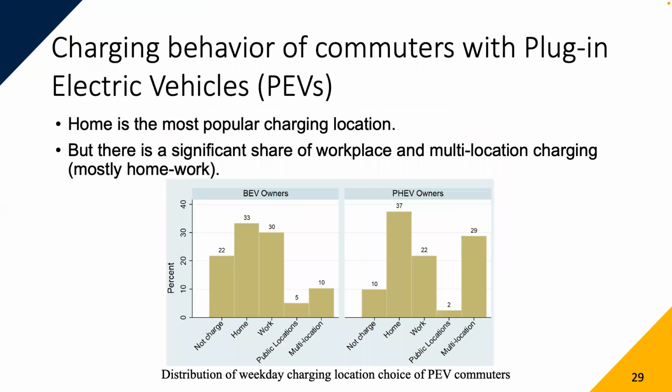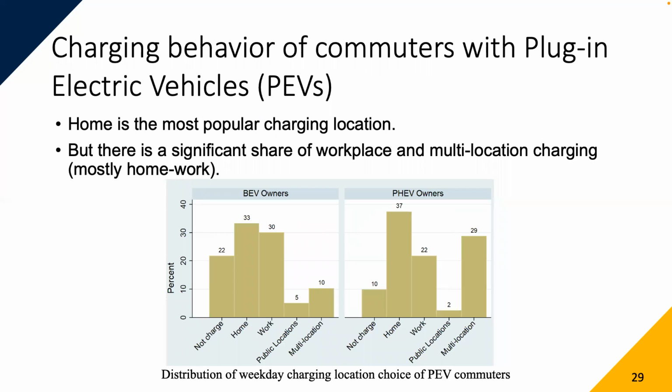So commuting behavior, home is the most popular charging location. This is based off of some survey work that's been done here, looking at how different types of electric vehicles and different locations play out.